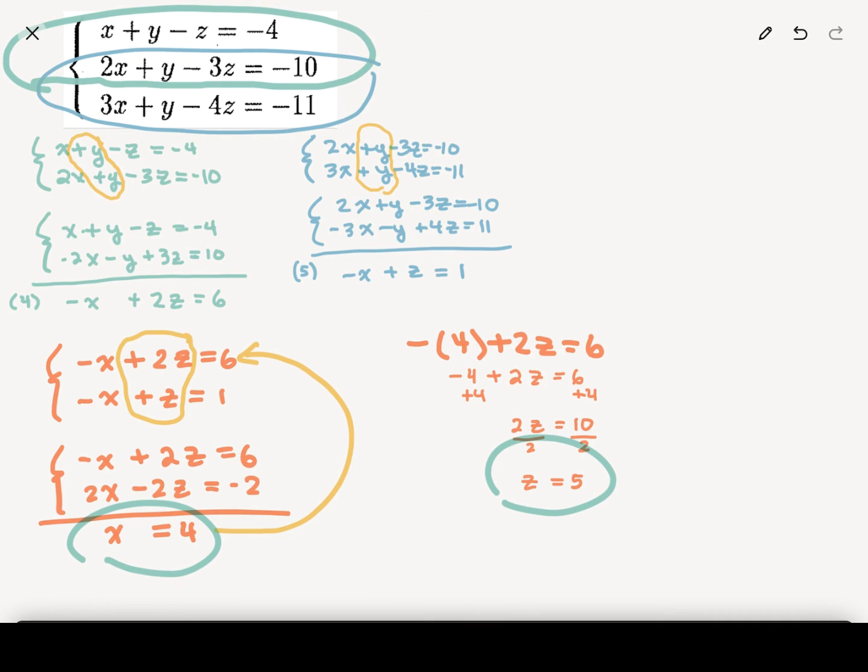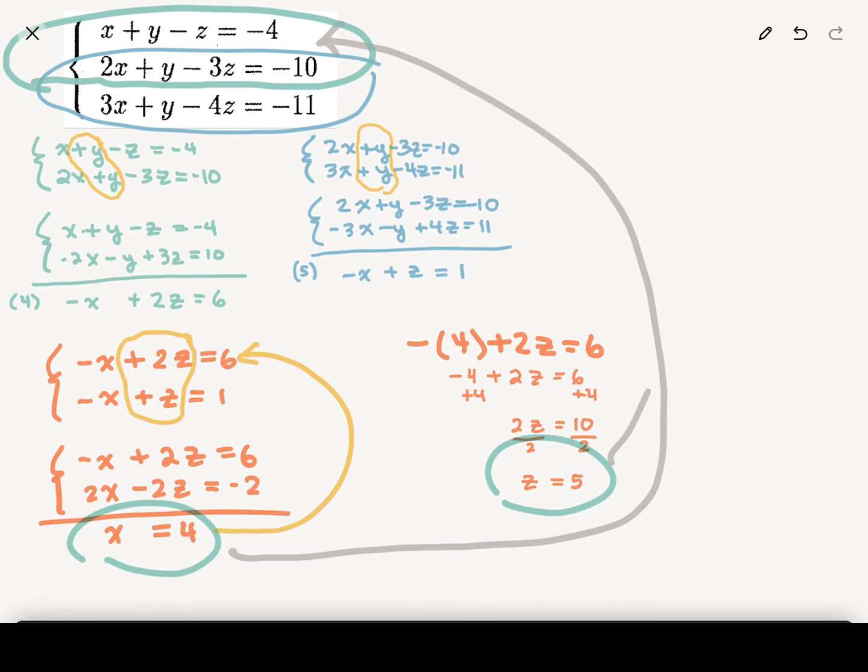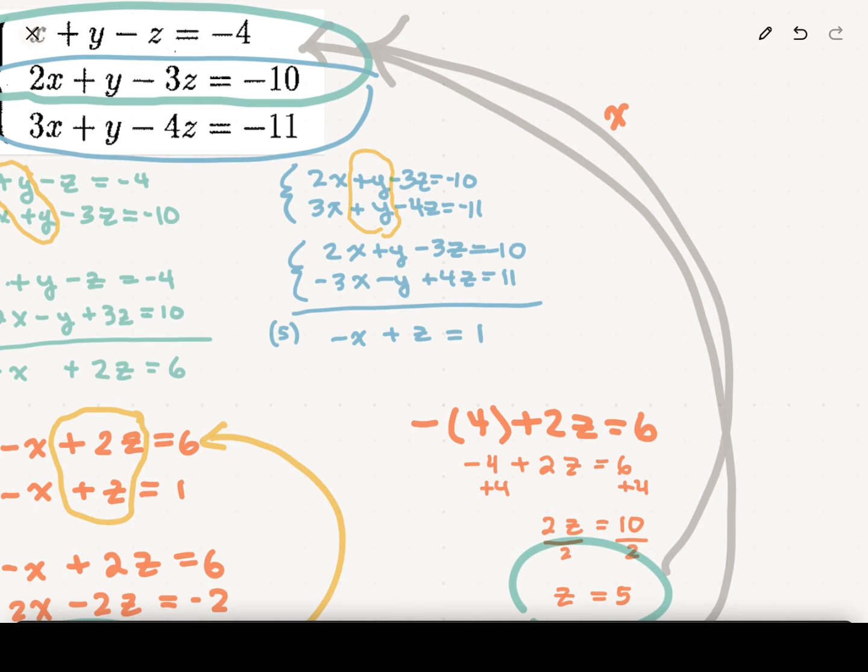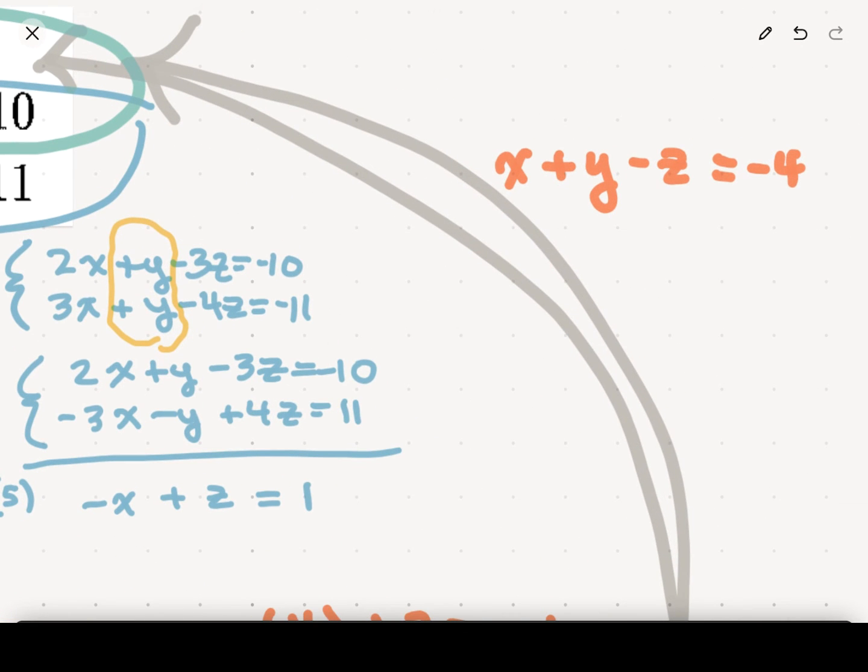Now I can take both of those answers and plug them into the first equation. Here's the equation I'm plugging into: x plus y minus z equals negative 4, with x equals 4 and z equals 5.